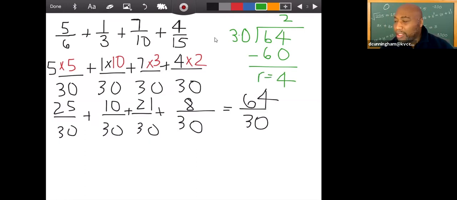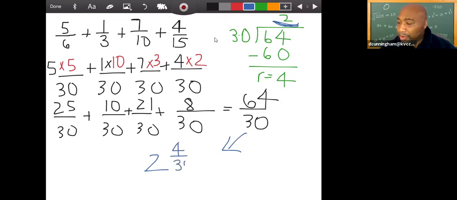So how do I write this answer? We learned from our previous lesson. I'm going to do it in blue. It's going to be 2 coming from up here, and 4 over, in our case, 30. Now I like this because, don't circle that, look at that fraction piece. Can we reduce it? Can it be simplified? Can we get it in the lowest terms?